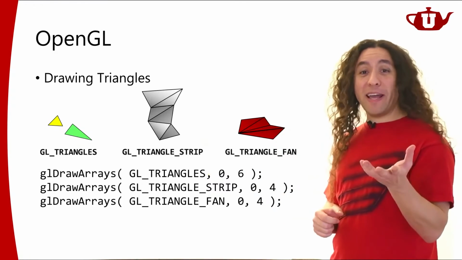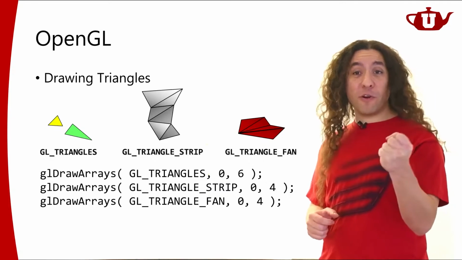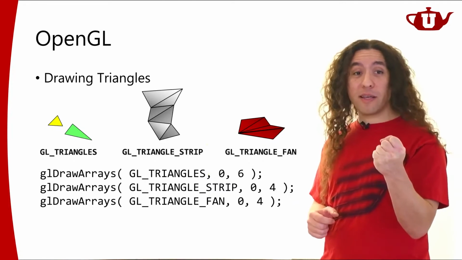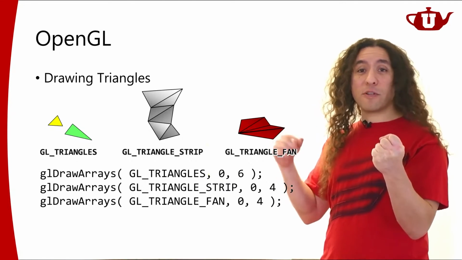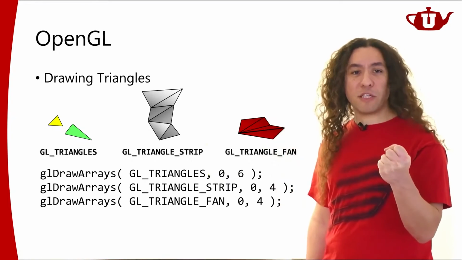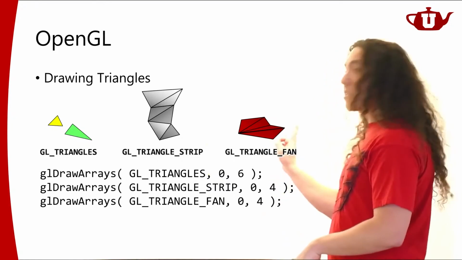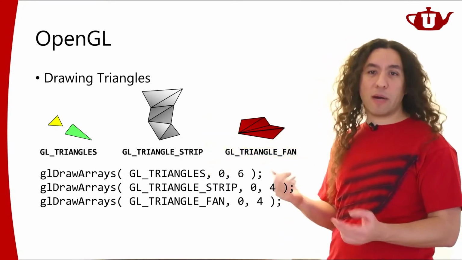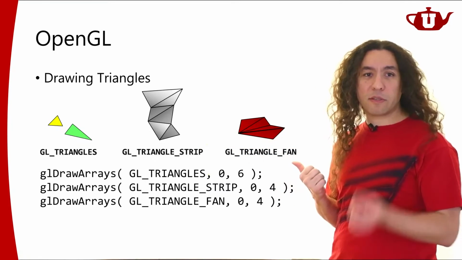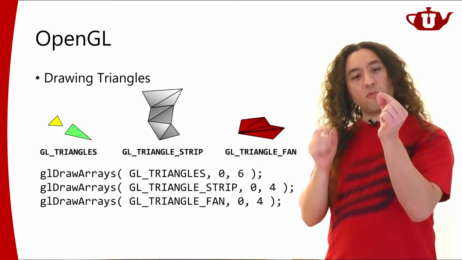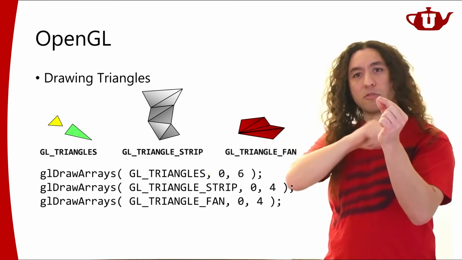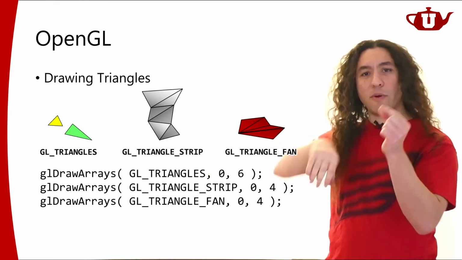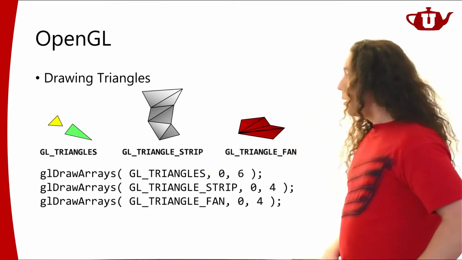So a triangle fan will use the very first vertex for all of the triangles, and the last two vertices will be the remaining vertices of each triangle. So it will basically form a fan of triangles around the vertex. That's why it's called triangle fan. So you have one vertex and you add vertices around it, you just form a fan like this.